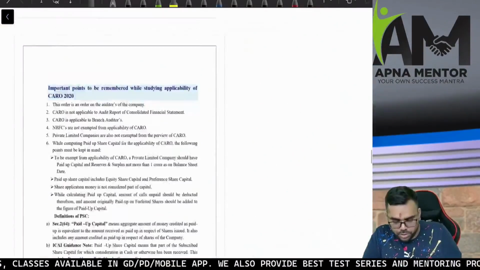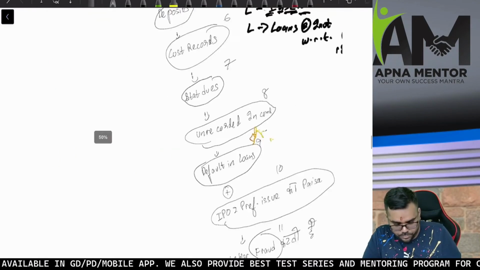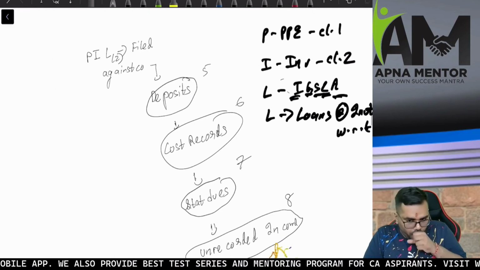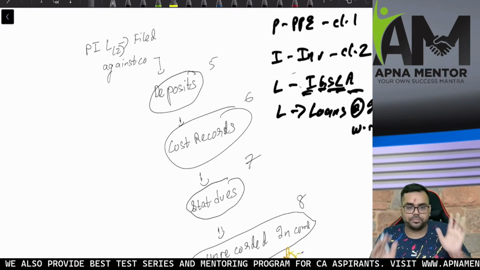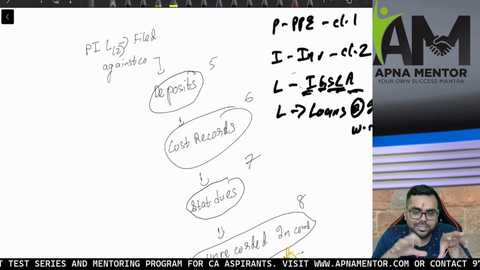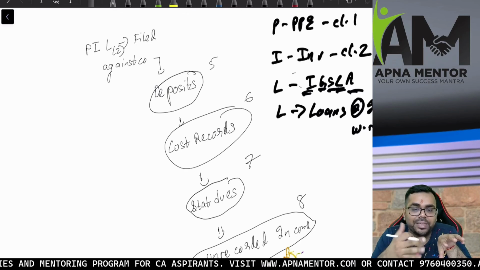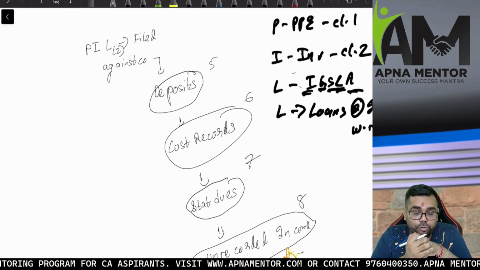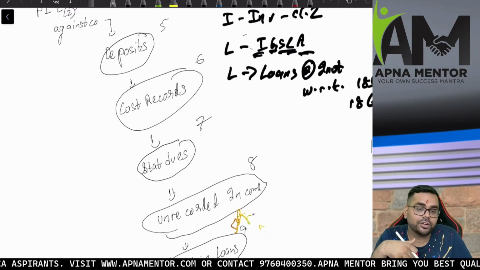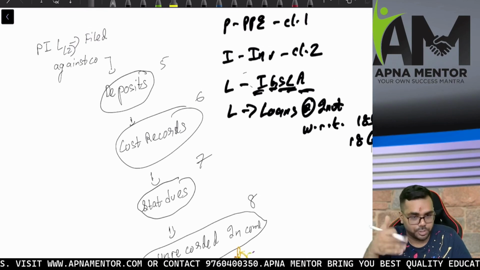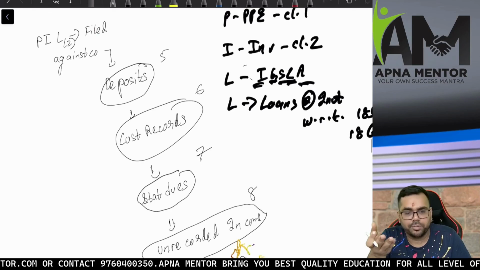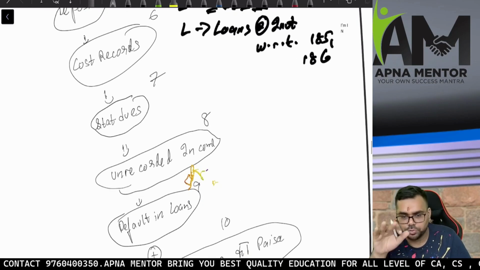How can you remember all the 21 clauses? I believe a lot of clauses you must have already learned by now. Do remember, basically what has happened is that the company has done certain irregularities and a PIL is filed against the company. The PIL is that they have taken deposits, not maintained records, and not paid statutory dues.